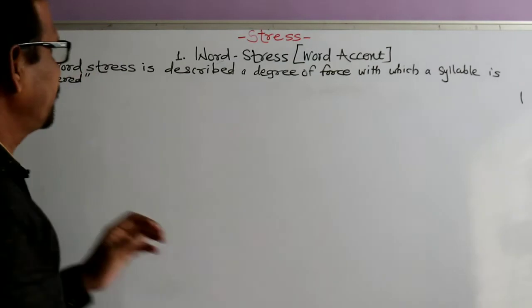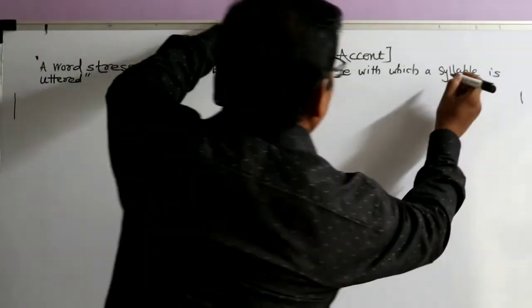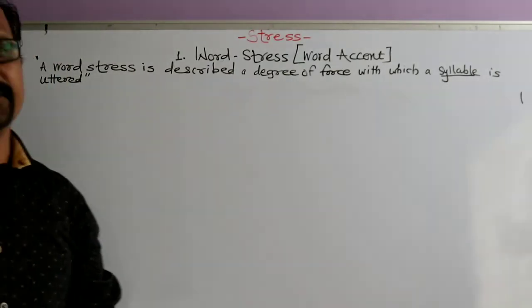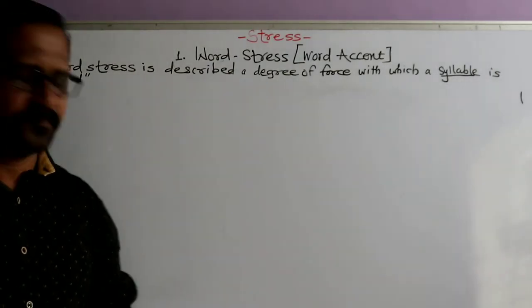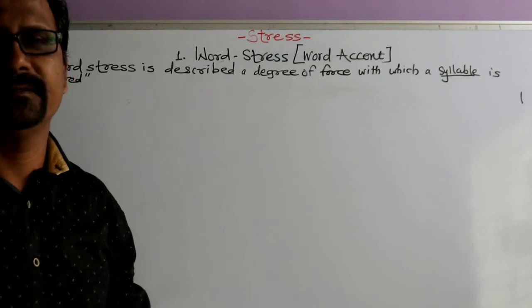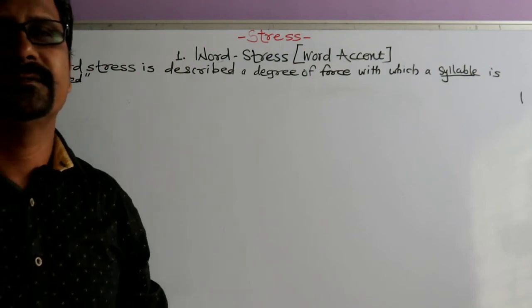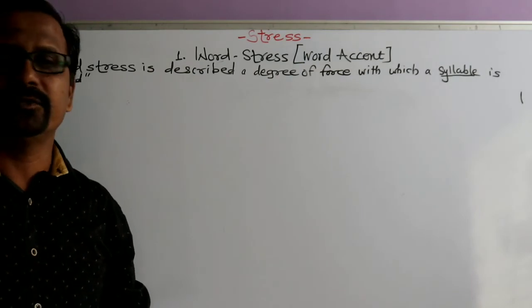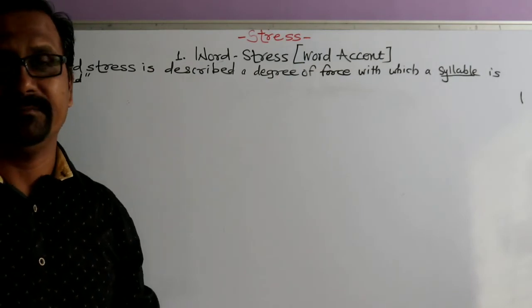So the word syllable is very important here. You know that every word consists of one syllable, two syllables, three syllables, or sometimes up to 6 or 7 syllables.